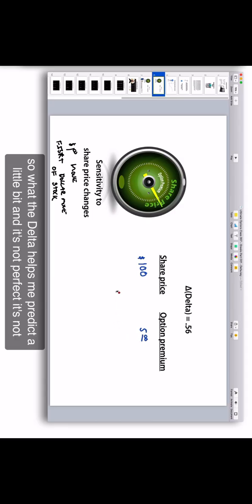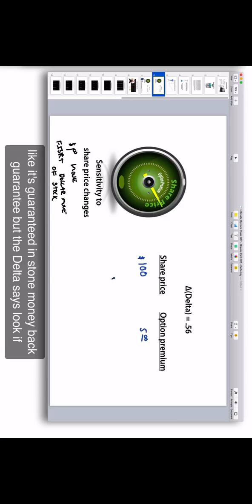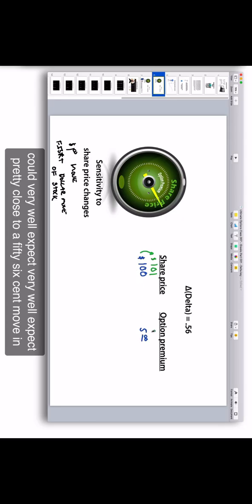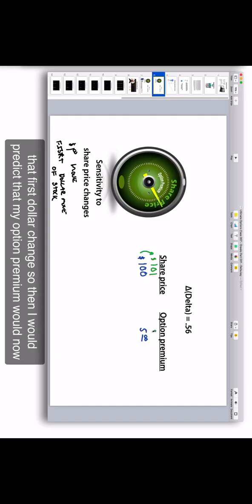Okay, so it's $5. What the delta helps me predict a little bit, and it's not perfect. It's not like it's guaranteed in stone, money back guarantee, but the delta says, look, if this price moves up to $101, then I could very well expect pretty close to a 56-cent move in that first dollar change.